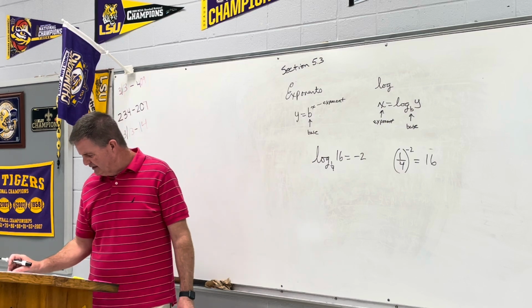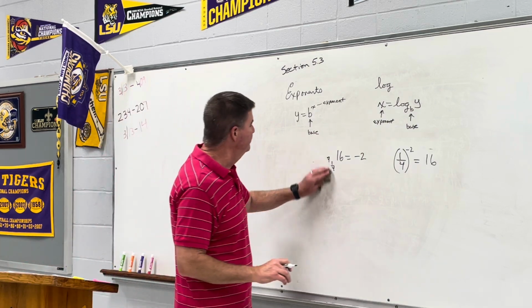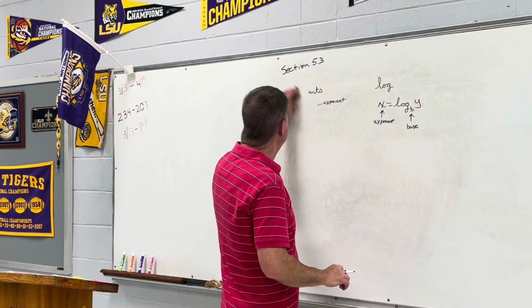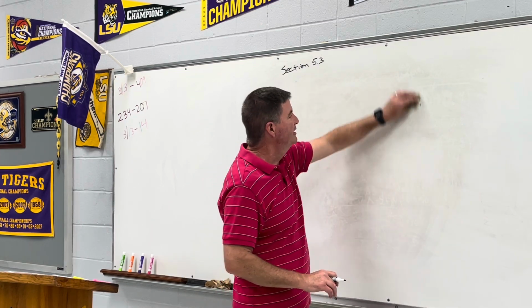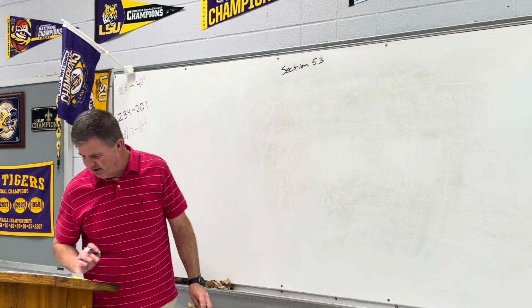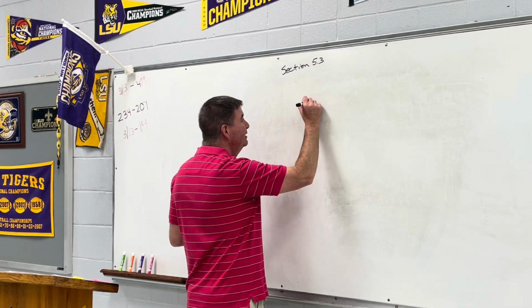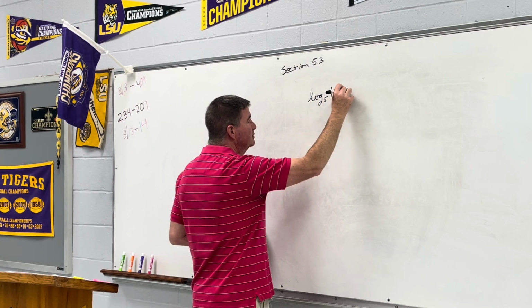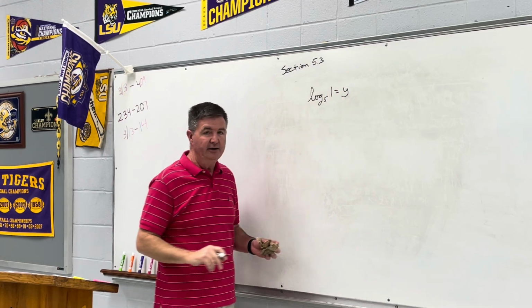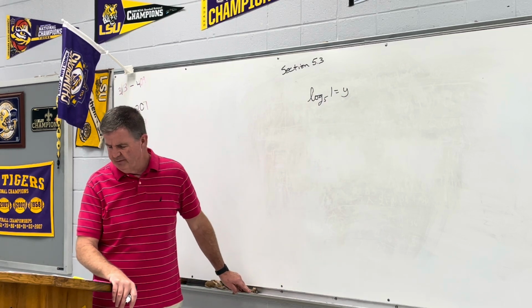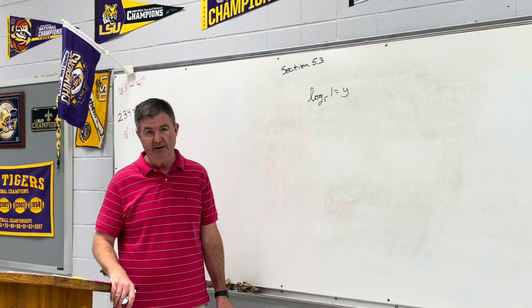In the next example, they want us to find the value if given a variable. So if I have log base 5 of 1 equals y, in order to solve the logarithms, I'm going to rewrite them as exponents.